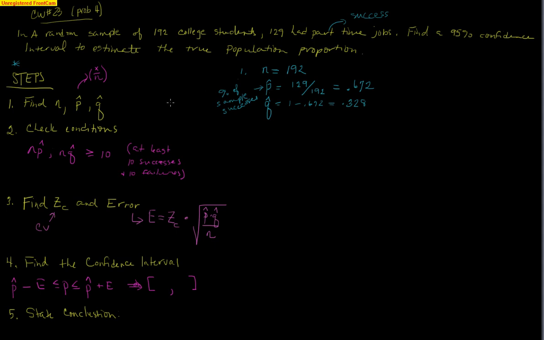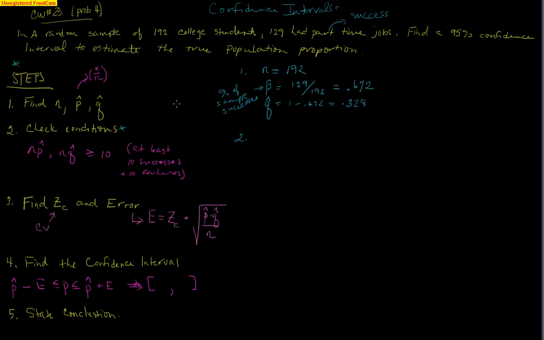Okay, let's go to step two, which tells us to check our conditions. All that means is that in order to find a confidence interval, you have to have a sample size large enough for it to have meaning. If you only ask 2 students, it's hard to draw a conclusion about the population.